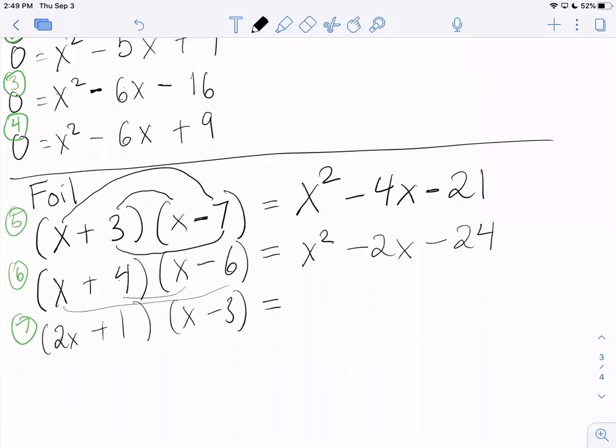Sure, I can. Yeah, go for it, Elson. Okay, so I distributed 2x into x minus 3 first. Mm-hmm. Got 2x squared minus 6x. And then I distributed the negative 1 into x minus 3, and then I combined the like terms.